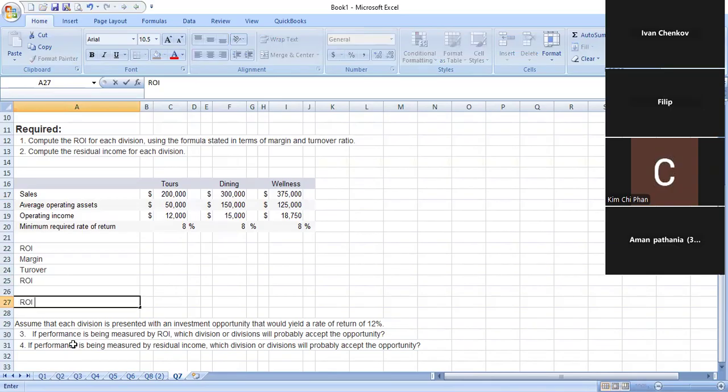Well, it's very simple: operating income divided by average operating assets. But since we already know this is a boring formula, we're going to make it complicated. How? By adding sales on both sides: times sales divided by sales.